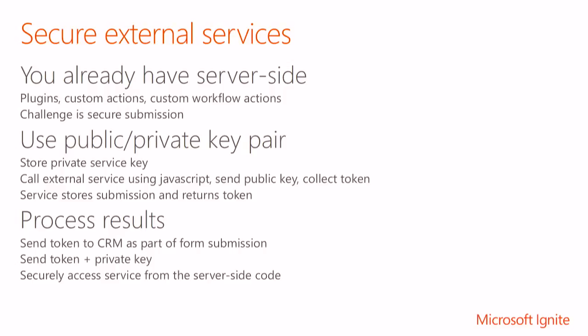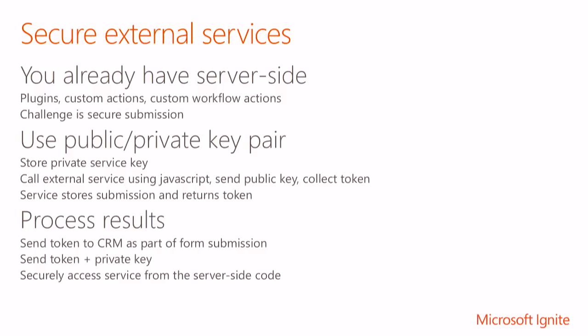You want to submit it to the service, but then how do you get your stuff back to CRM? So you use the model where you split, and you apply it to your services as well. It is not limited to payment services. You can apply the same model to your own API.